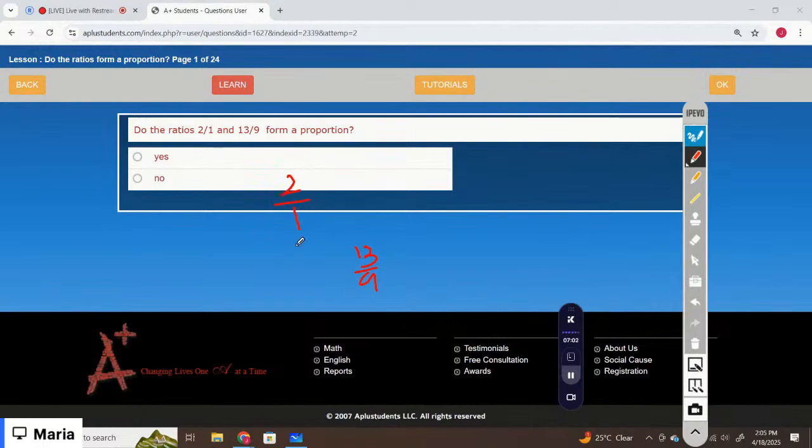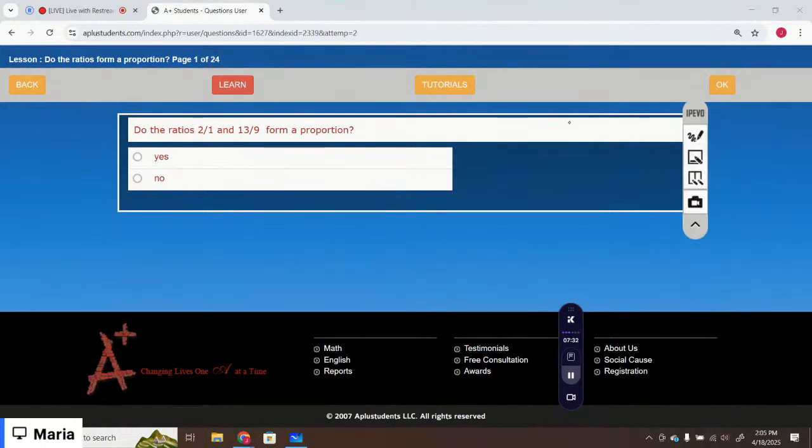Let's multiply this fraction by 9 because we need to make this denominator equal to 9. 9 times 2 is 18 and 9 times 1 is 9. Their denominators are the same, but their numerators are different. So they do not form a proportion. The correct option is no.